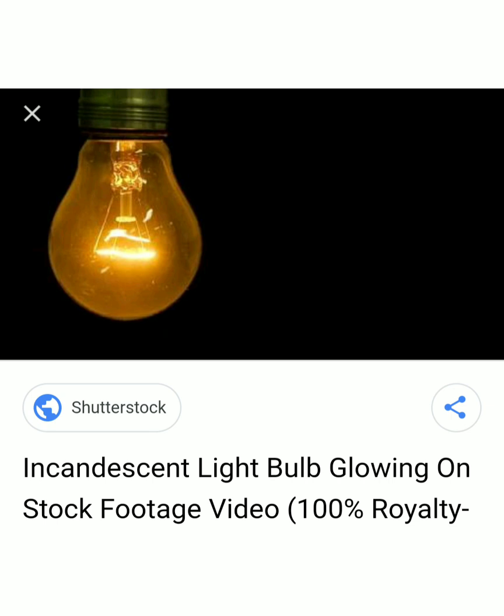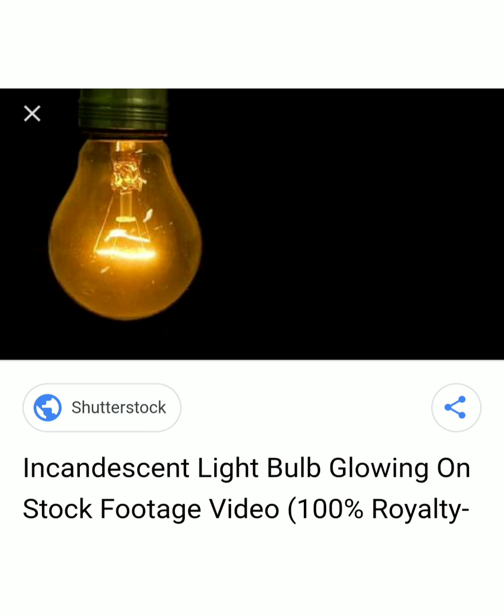How does the filament bulb work? Inside the filament bulb there is a filament made of tungsten.